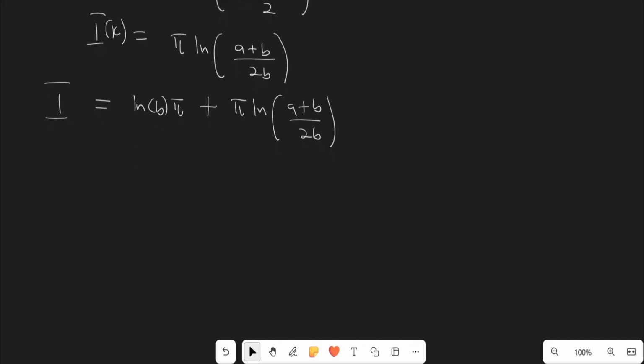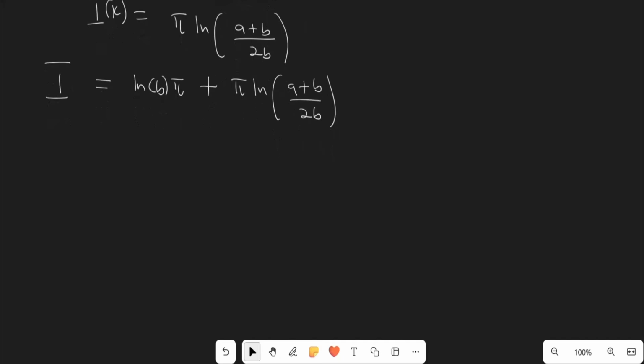Okay, cool. So now here, what do we have? We are going to have I equal to pi times the ln of b plus pi times the ln of a plus b all over 2, and this one is multiplied by 1 over b, like this.